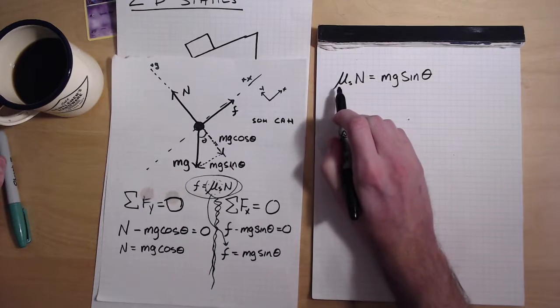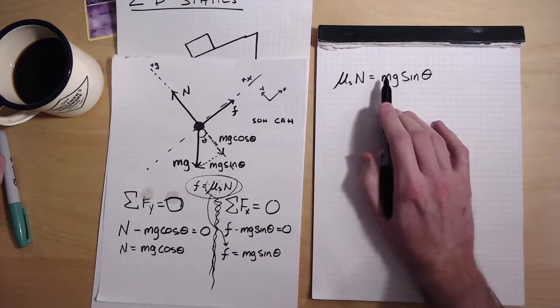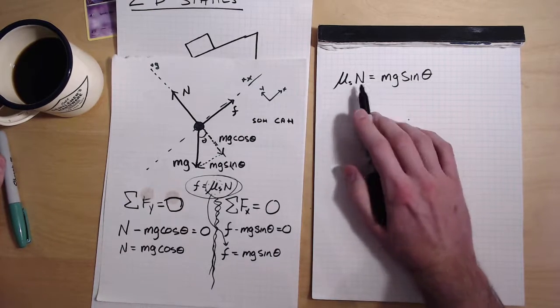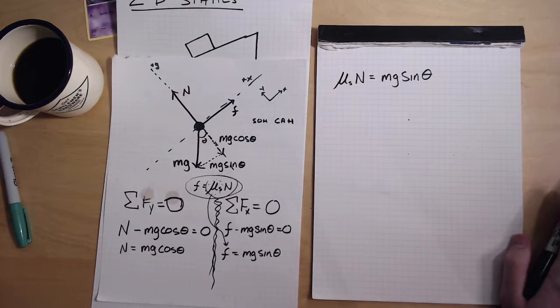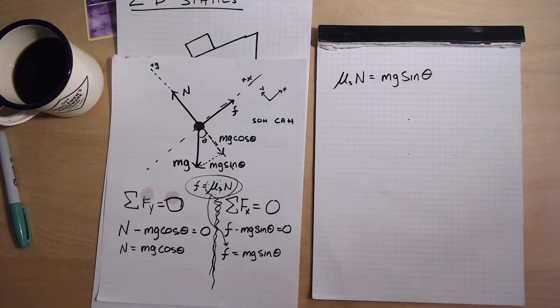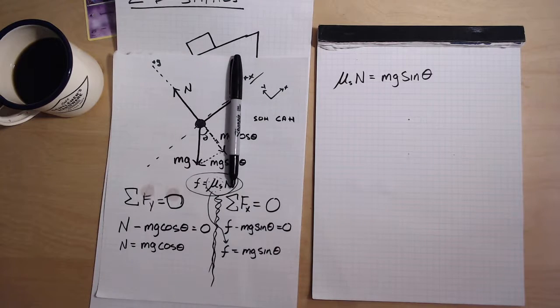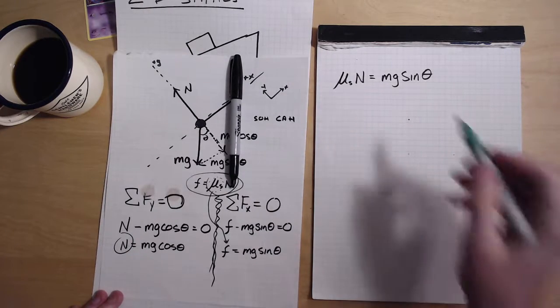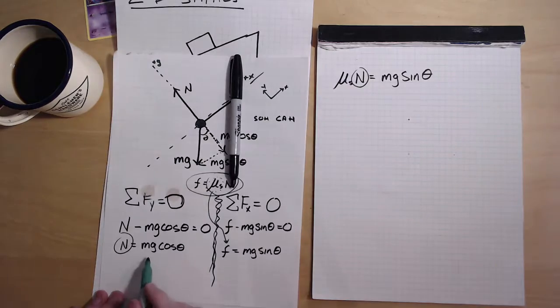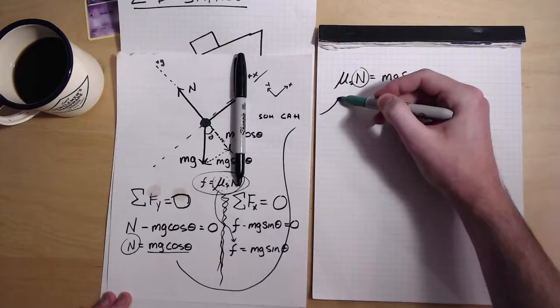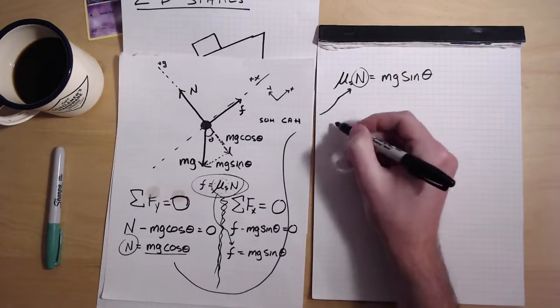Okay, we're solving for this. We could probably figure out the mass of the box. We know what gravity is. We know sine theta. We don't know what the normal force is, though. But where do we have an equation that gives us what the normal force is equal to in terms of quantities that we know? Well, right here. So let's take this equation, the normal force here, the normal force here. So let's take this and plug it in for that. So let's rewrite it again.